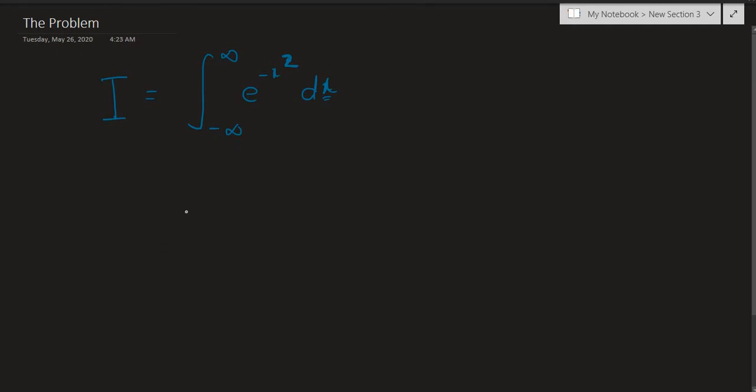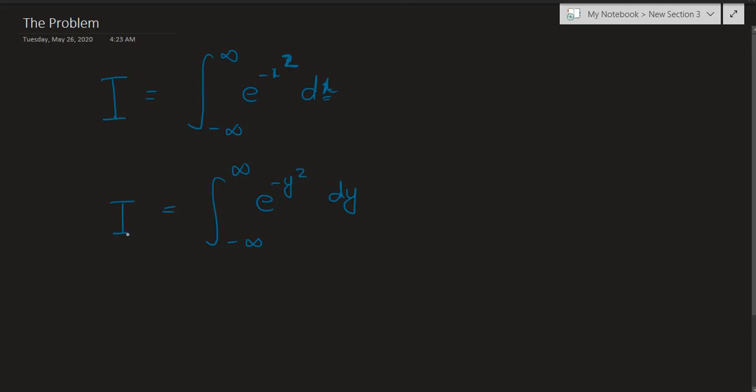Now notice that since this is a definite integral, although it's improper, it's still a definite integral, we can just change the variables. So instead of x we can have a y, provided everything else remains the same. Upper and lower bounds are the same, the integrand is the same, but instead of x we write y, and instead of dx we write dy.